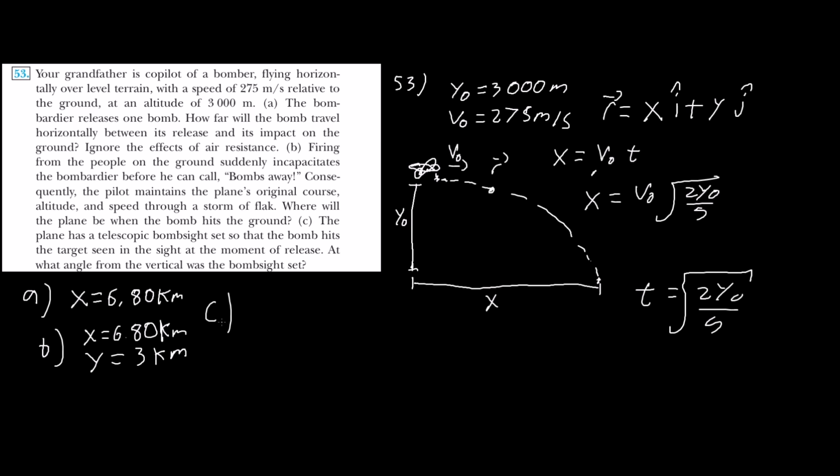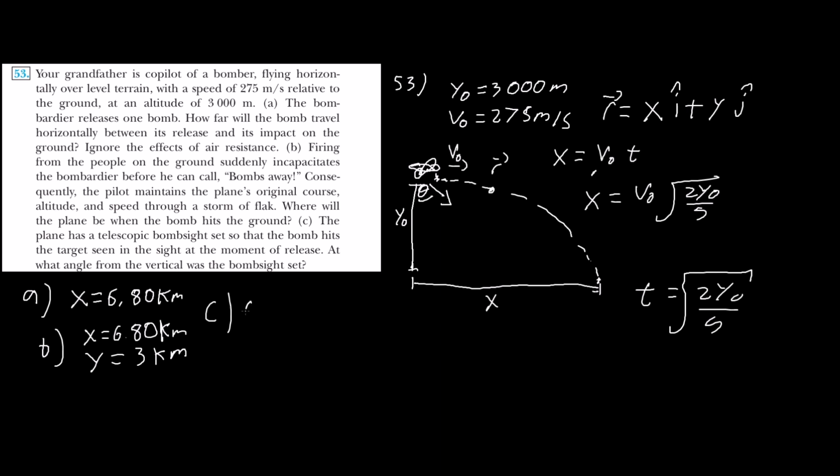Now let's do part C. The plane has a telescopic bomb sight set so that the bomb hits the target seen through the sight. At the moment of release, what is the angle from the vertical of the bomb sight? So let's think about it this way, folks. It's asking for this angle. What we're going to do is take x divided by y to get the angle where it faces that target.